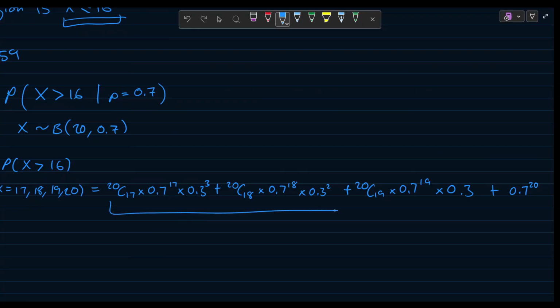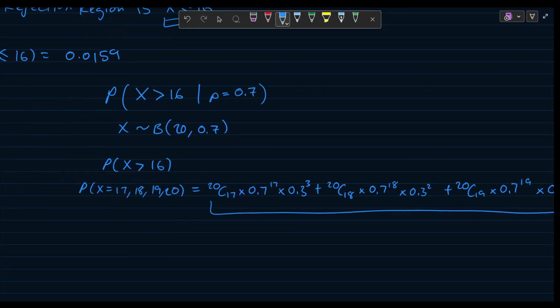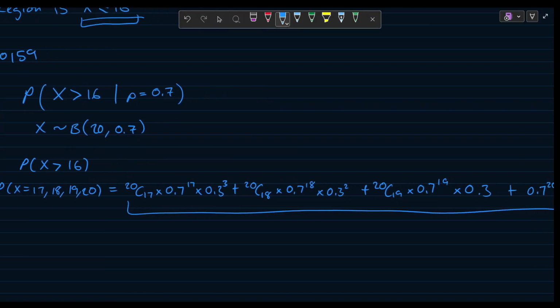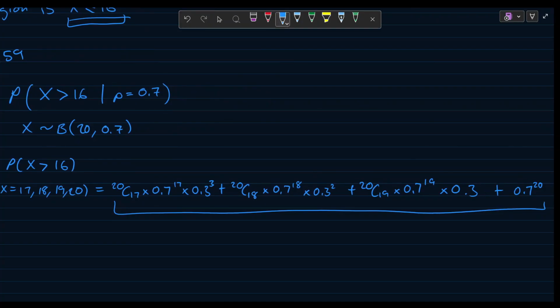So let's punch this expression into our calculator. That's 20 choose 17 multiplied by 0.7 to the power 17 multiplied by 0.3 cubed, plus 20 choose 18 multiplied by 0.7 to the 18 multiplied by 0.3 squared, plus 20 choose 19 multiplied by 0.7 to the 19 multiplied by 0.3 to the power 1, plus 0.7 to the power 20.